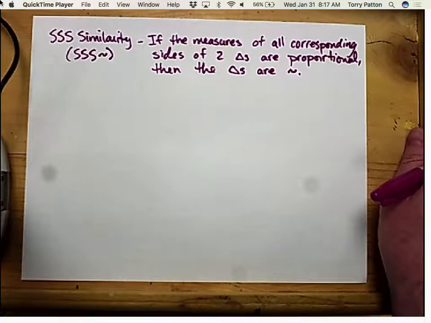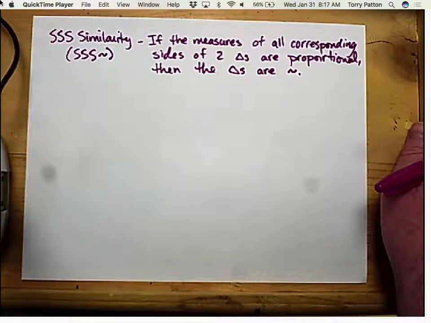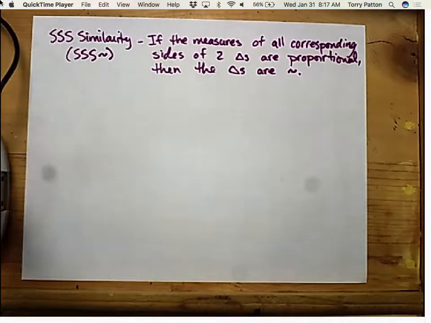So far, we've had two new ways to prove that triangles are similar. What was the first one? Angle, angle. So all you have to do is prove two angles of one triangle congruent to two angles of another. If you do that, then the triangles are similar.